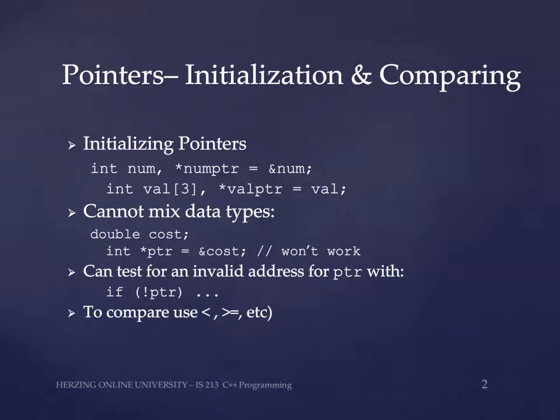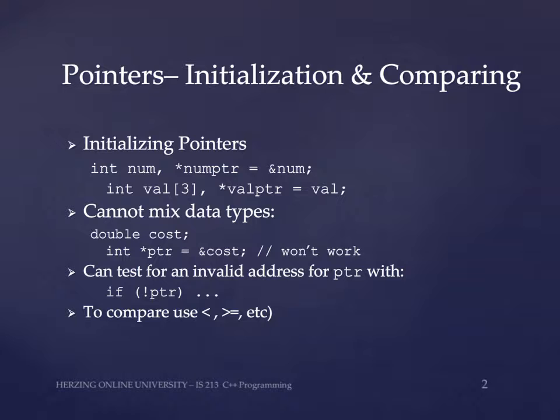How do we initialize pointers? Pointers can be initialized at definition time. So in this example, you have an integer num and the pointer for the num integer will be defined like that.